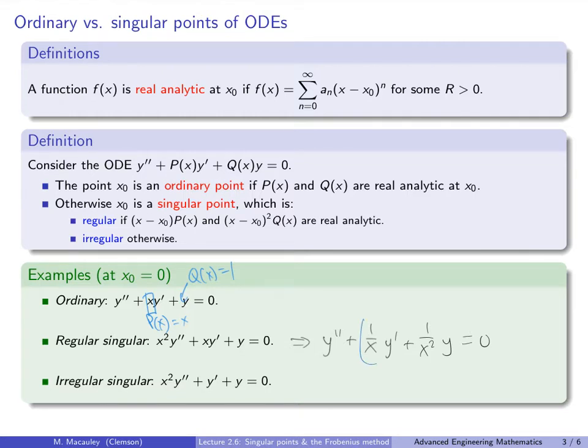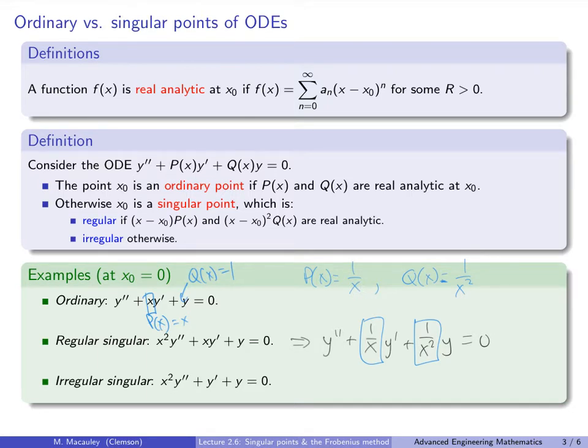So now this is p and this is q. So p of x equals 1 over x and q of x equals 1 over x squared. These things are not defined at 0. They are not real analytic at 0. You plug in 0, you don't get anything.